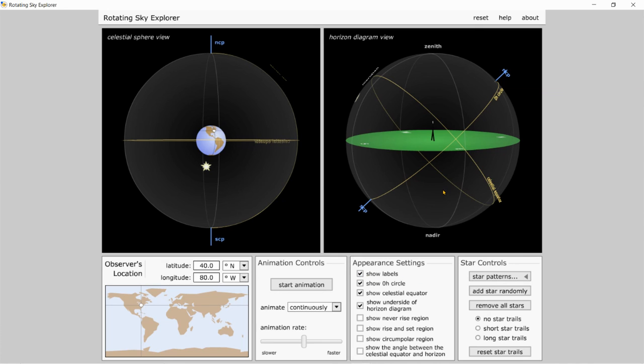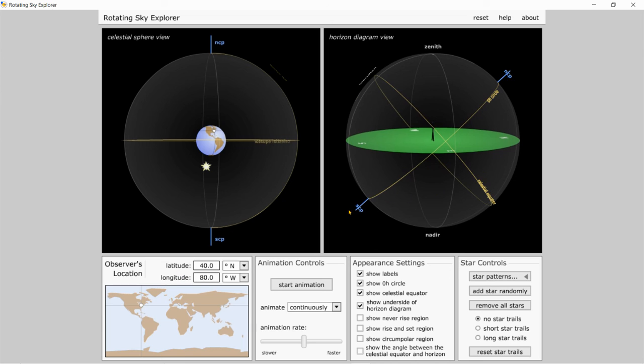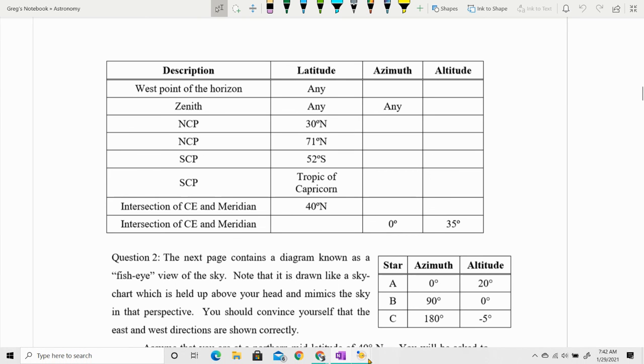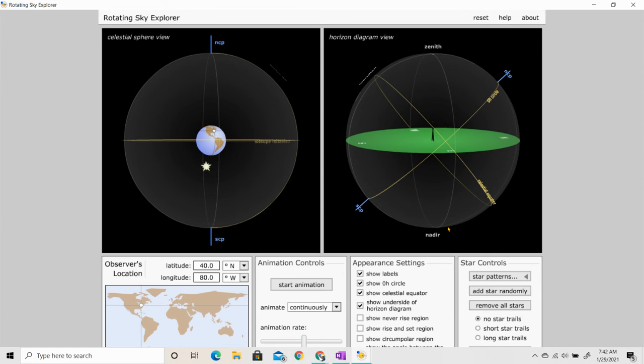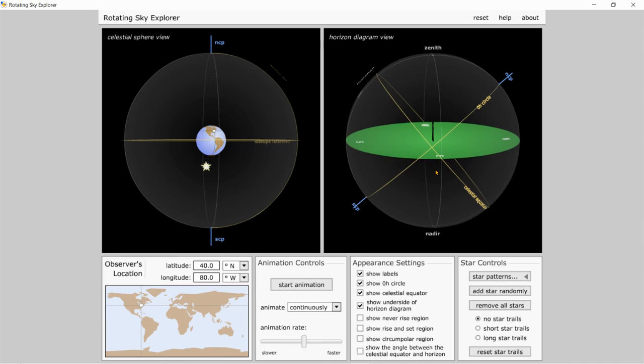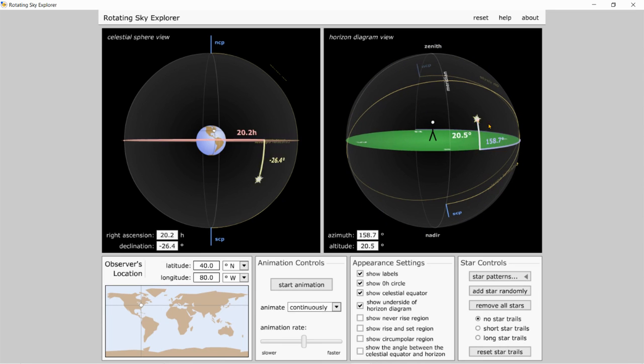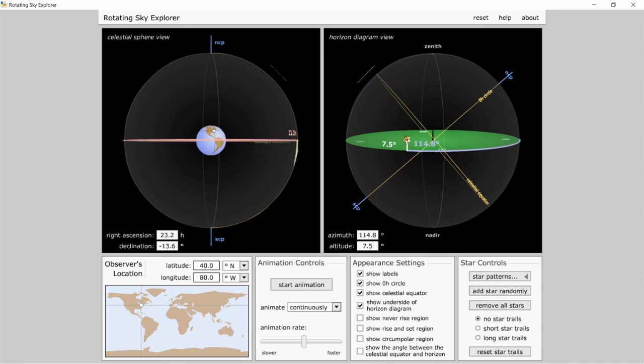It's right here, show the labels, and we're at 40 degrees. Let me just double check. Latitude 40 degrees. Okay, all right. Right here is the spot we're talking about. So let's move our star over to that spot.